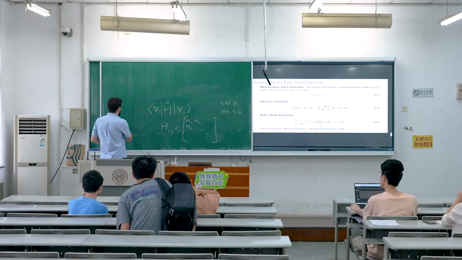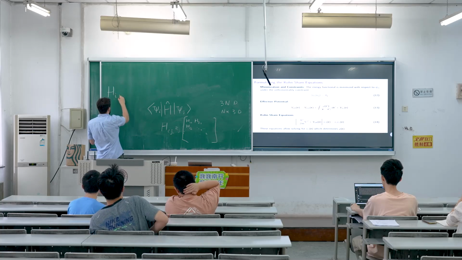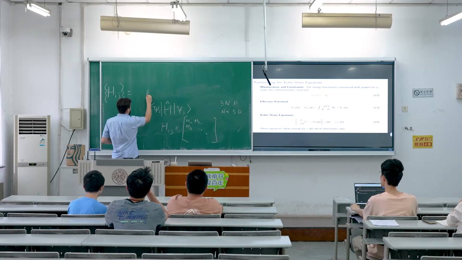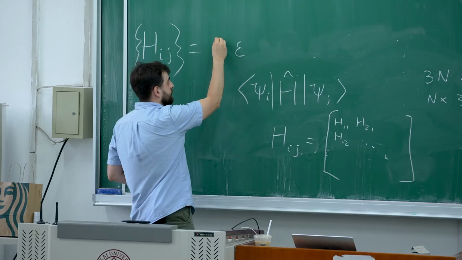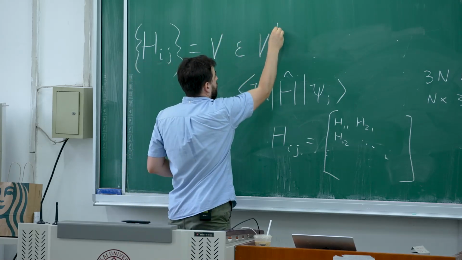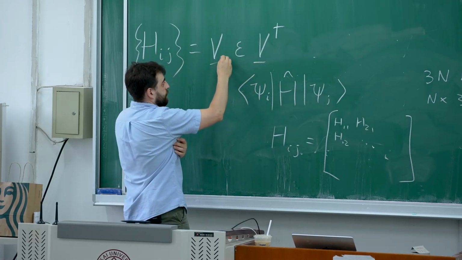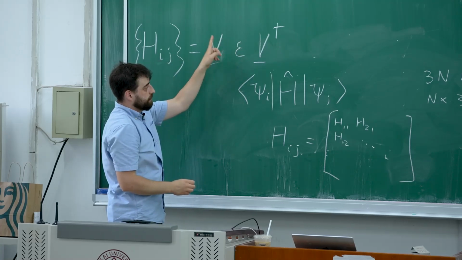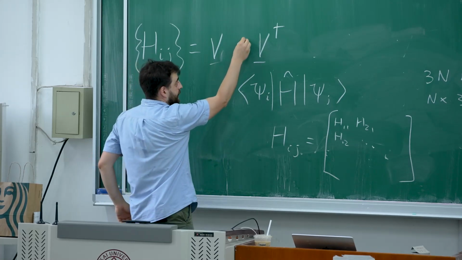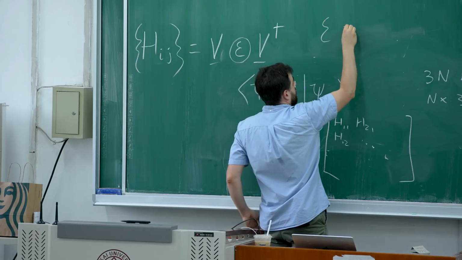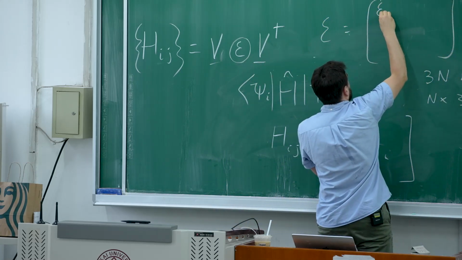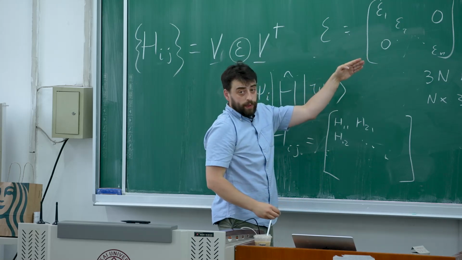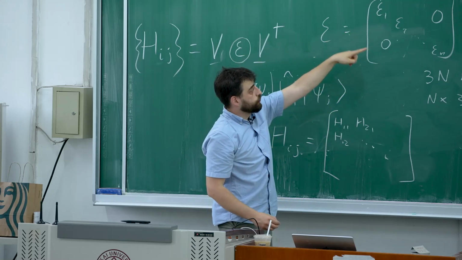If we write our Hamiltonian matrix as a set of vectors, V, V conjugate transpose, multiplied by a diagonal matrix of eigenvalues, and if we can get that diagonal matrix of eigenvalues, all we have to do, at least in the orthogonal case, is to sum the eigenvalues.